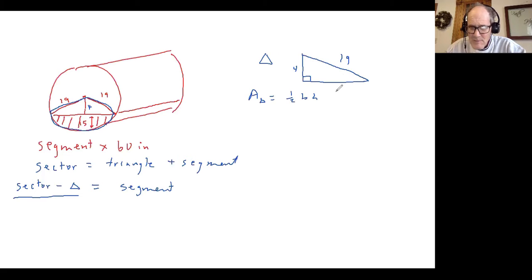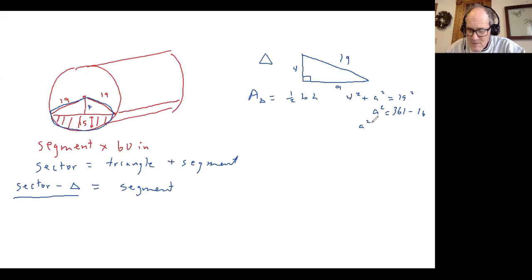So we could use our Pythagorean theorem to find this missing side, we'll call it A. So 4 squared plus A squared equals 19 squared. So A squared equals 19 squared, which is 361, minus 4 squared, 16.